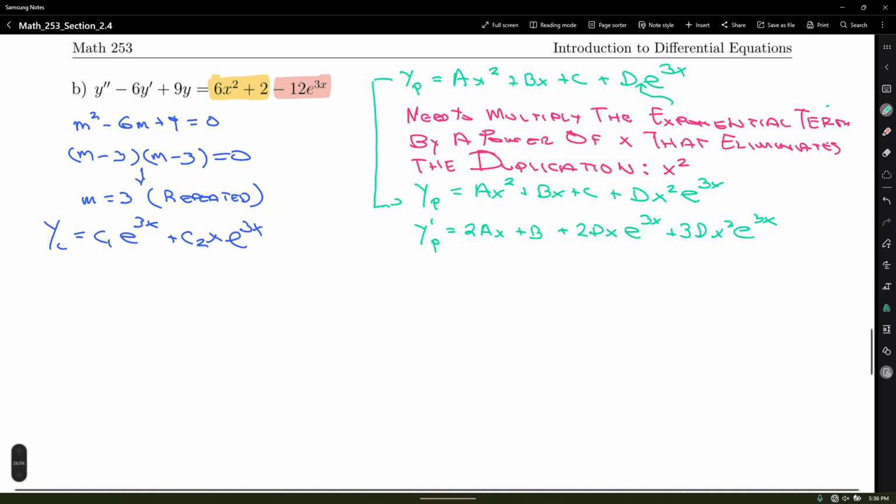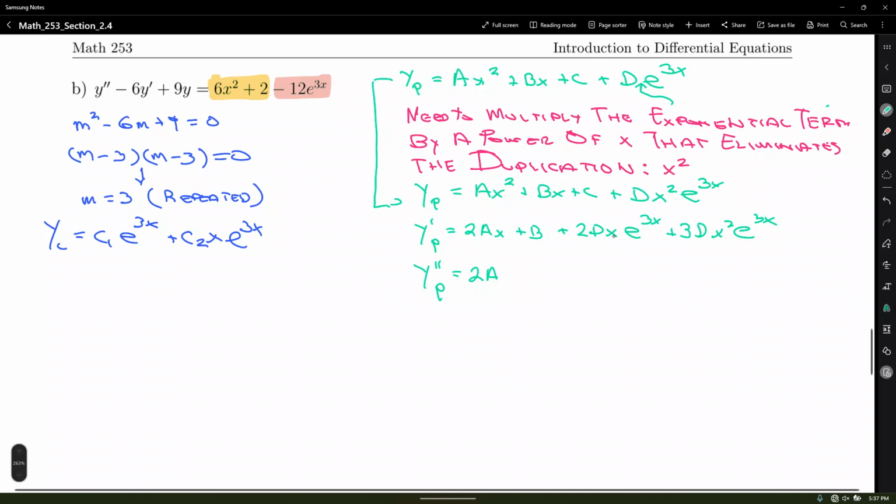So what about the second derivative? y double prime sub p is 2a. The derivative of b, do you agree that's 0? Here we will need two product rules. Careful, let's do one product rule at a time.